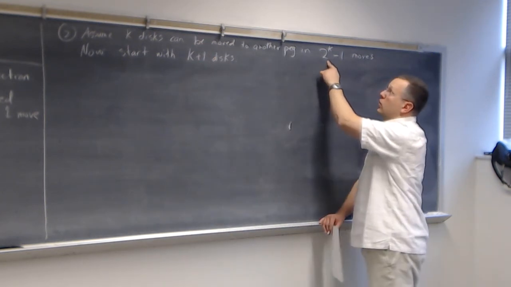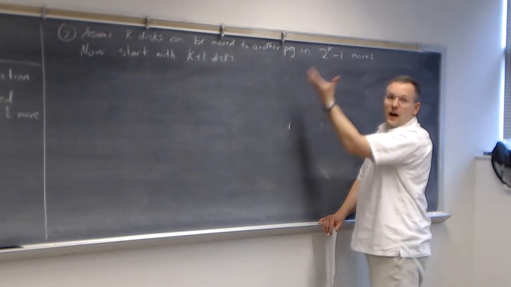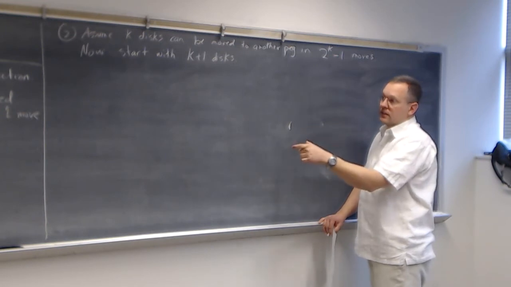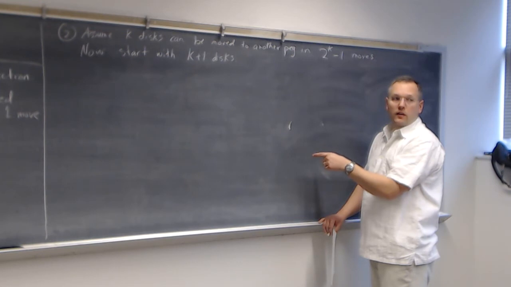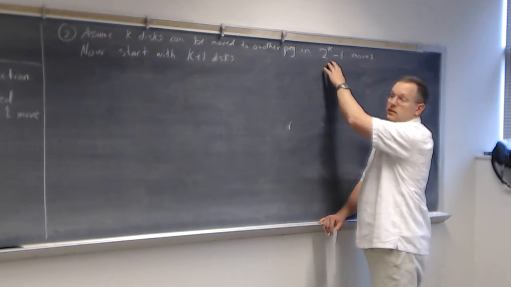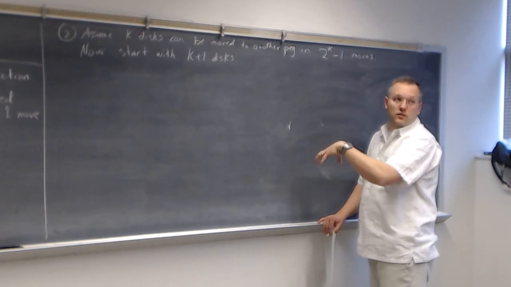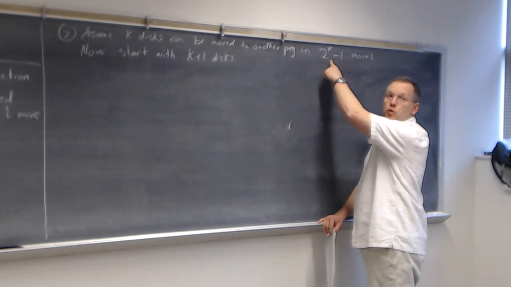It would take you this many moves to move the ones on top over to another peg. Then you take the biggest disk, move it to a free peg. You're not done yet. You still need to take those disks, the first ones that you stacked up, and stack them back up on top of the biggest ring. Well, we do that in this many moves again.